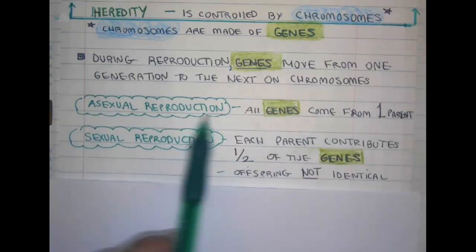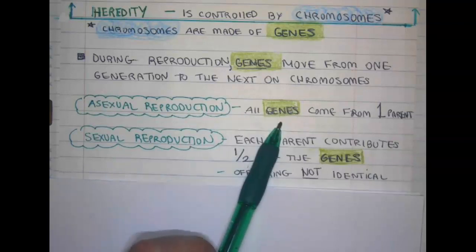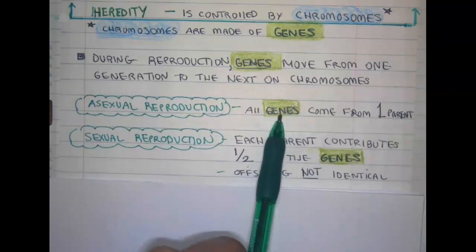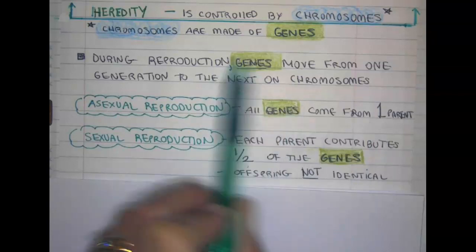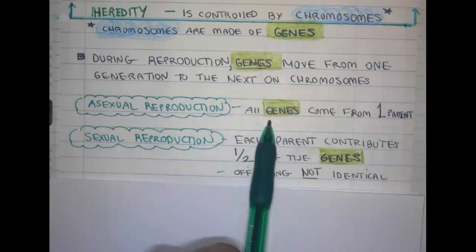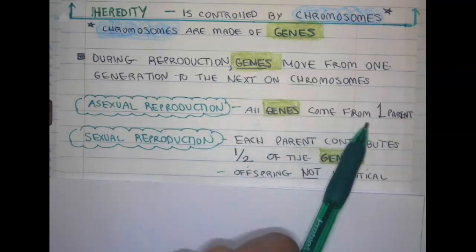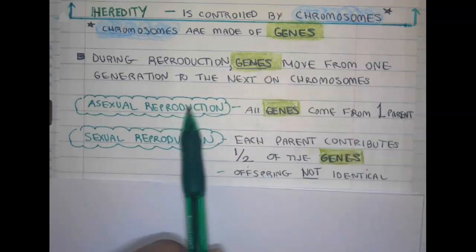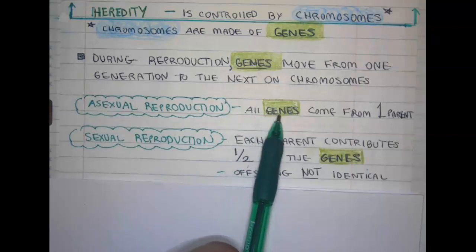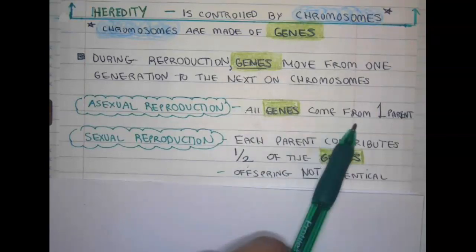So you have all the genes come from one parent. All those genes are passed on from the chromosomes, so they travel from the chromosomes and they come from one parent. That's why in asexual reproduction, the offspring look identical to the parent, because it all comes from one parent.